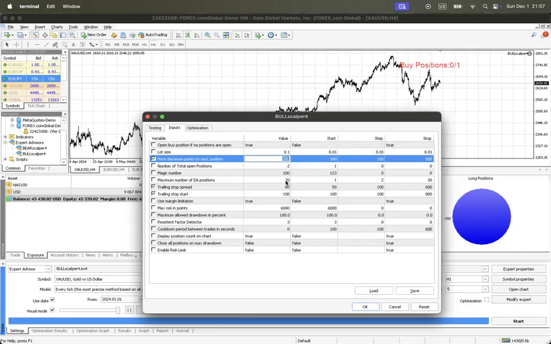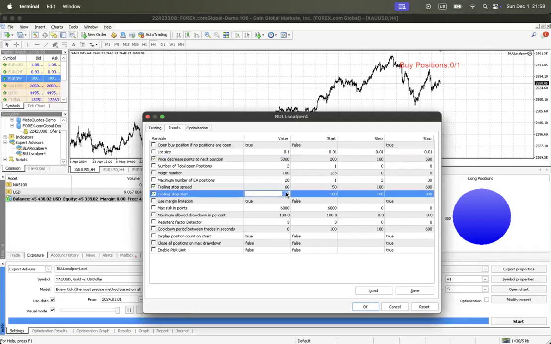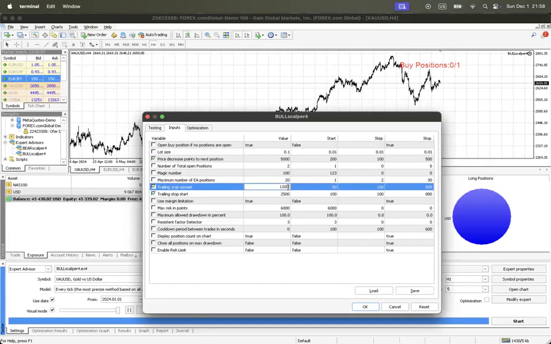Let's say we risk 20, then we'll do 5,000 in between positions. And I would say this one could be around half of it and half of it, just to secure, or maybe like this.